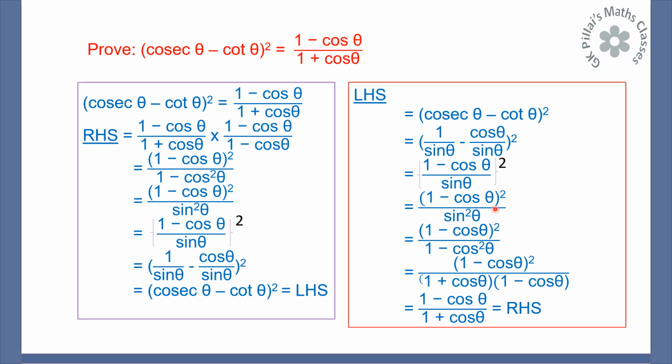Only the numerator will remain within the brackets. Now instead of sin squared theta, you write 1 minus cos squared theta. And the next step, 1 minus cos squared theta as 1 plus cos theta into 1 minus cos theta. The 2 and the 1 minus cos theta get cancelled. Finally, you will get 1 minus cos theta upon 1 plus cos theta, which is the RHS.